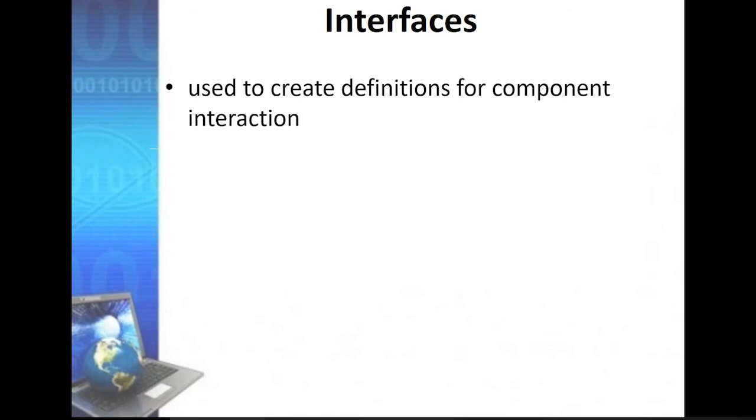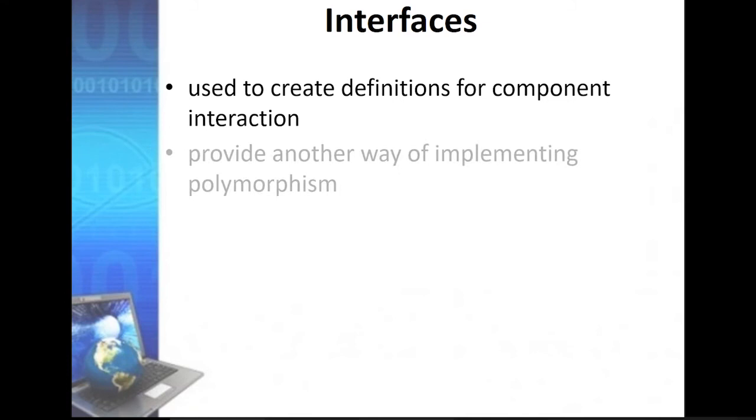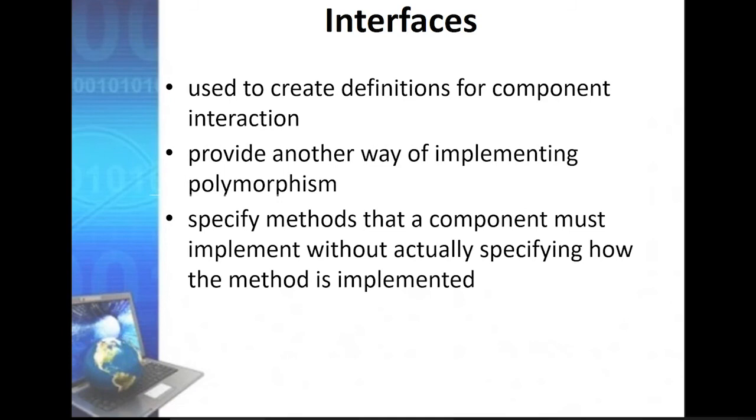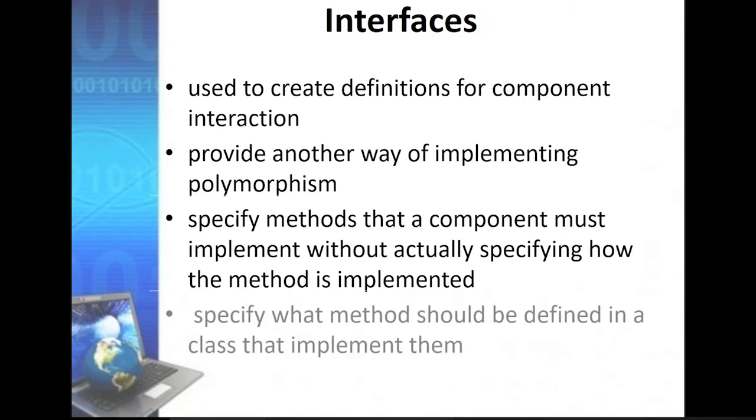Okay, lastly, interface. Okay, so this is used to create definition for component interaction. So provides another way of implementing polymorphism. And then specify methods that a component must implement without actually specifying how the method is implemented. So that is interfaces.